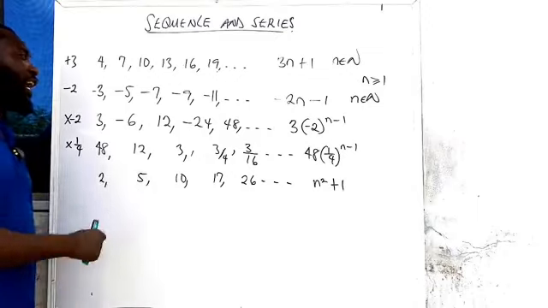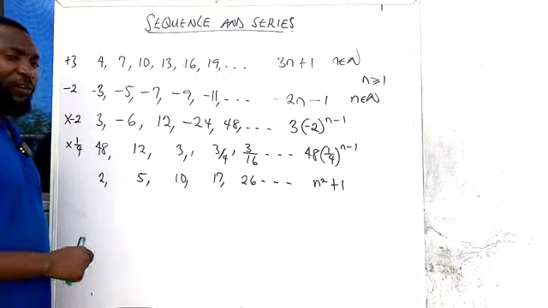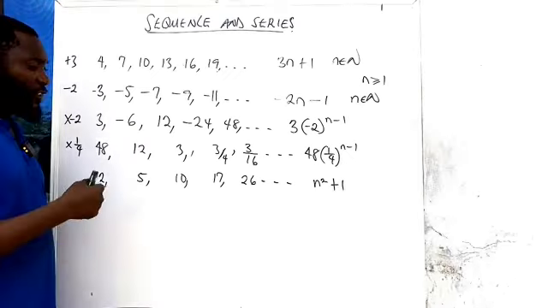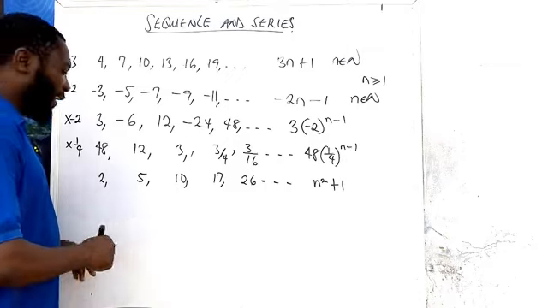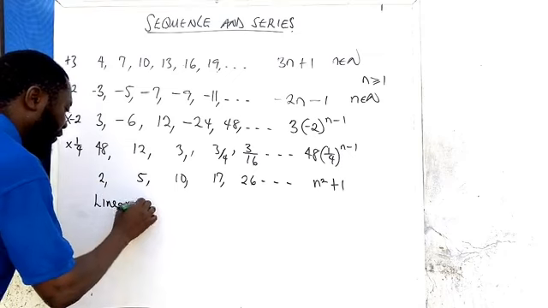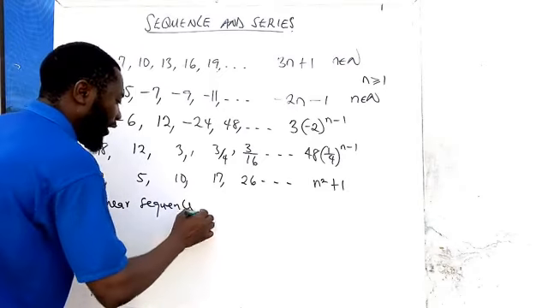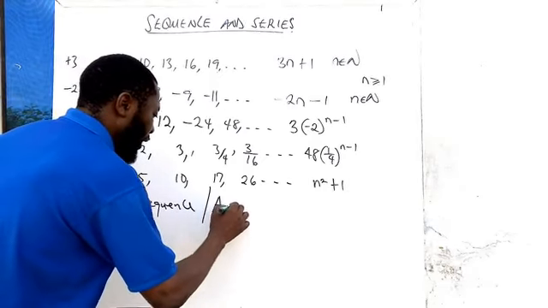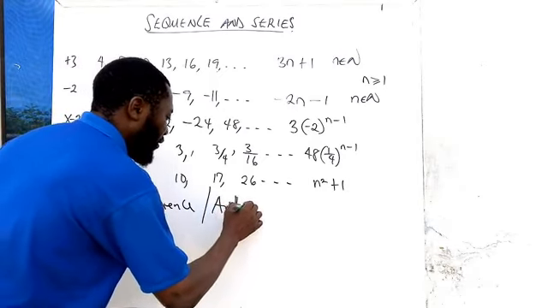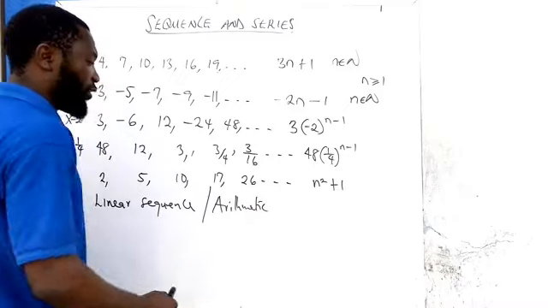A sequence generated by addition of integers or rational numbers is what we call a linear sequence. Linear sequence. Another name for this linear sequence is arithmetic sequence or arithmetic progression.